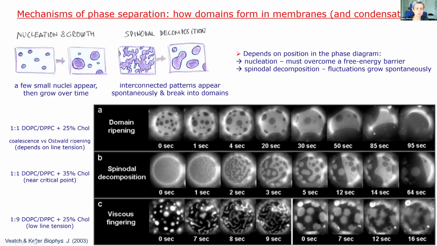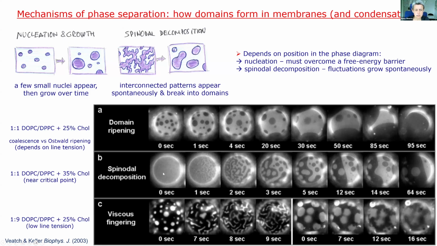So here we have coalescence; nucleation and growth can proceed via coalescence or Ostwald ripening. I'm going to introduce this a little bit later. Here you just see the formation of the domains that can either coalesce to make larger domains, or can undergo Ostwald ripening, where the small domains disappear because material from them is diffusing to the larger domains, driven by line tension.